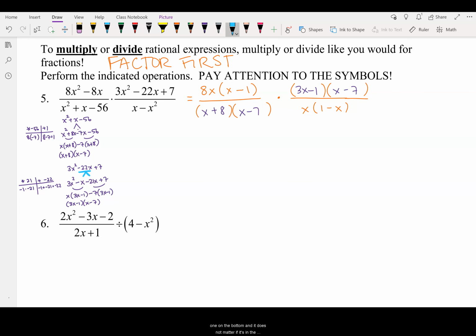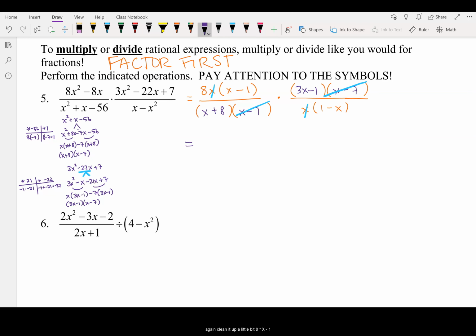So the 8x on the top cancels with the x on the bottom, and it does not matter if it's in the same fraction or in the other fraction, as long as they are completely and utterly identical. So for example, x minus 7 here cancels with x minus 7. And there's another one that's fairly visible. x and x will cancel.